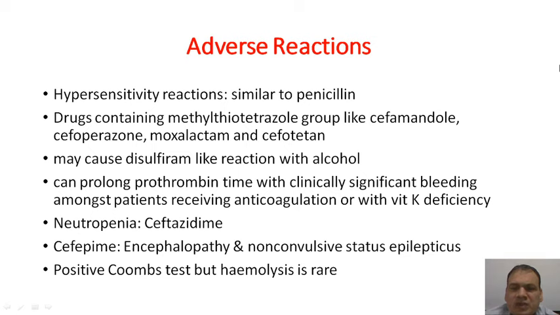It can be managed by giving vitamin K 5 mg twice a day for 6-7 days. So two important reactions with drugs containing the methyl thiotetrazole group: they can cause a disulfiram-like reaction, or hypoprothrombinemia leading to bleeding tendencies, especially among patients on anticoagulants or who are vitamin K deficient.